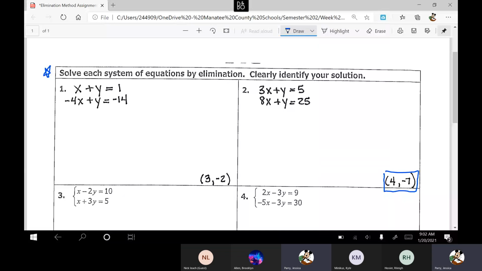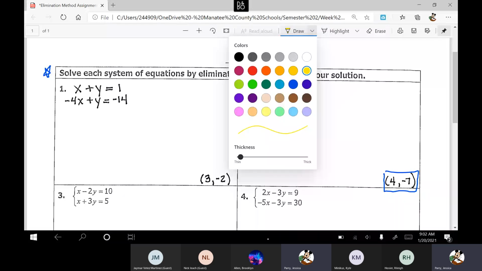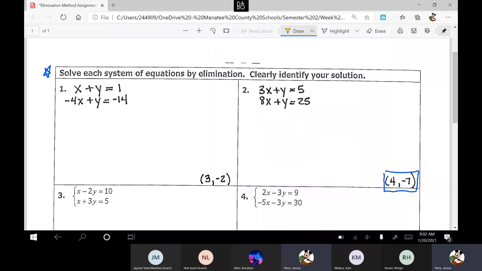But we're going to be using the method that we did yesterday with our notes. So our first one here, number 2, we have our 2 equations. And the first thing we want to do is check and see, do we have opposites? So let's see, yes, they're all lined up. All the x's are on top of each other, all the y's are on top of each other, and all of your constants are on top of each other. Now we just want to check and see, do we have opposites?